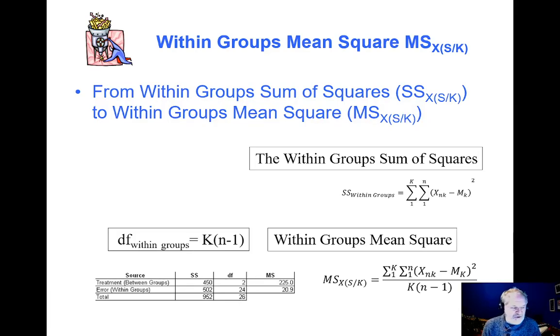So in essence, what we're doing is partitioning the total degrees of freedom into 2 pieces: the between groups or treatments, and the within groups or error within treatments. So 2 plus 24 equals 26, which is similar to what we did with the sum of squares, 450 plus 502 adds up to 952. So clearly what we're doing with analysis of variance, we're partitioning the total sum of squares and we're partitioning the total degrees of freedom.